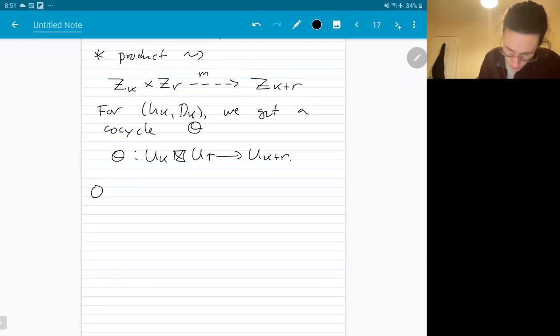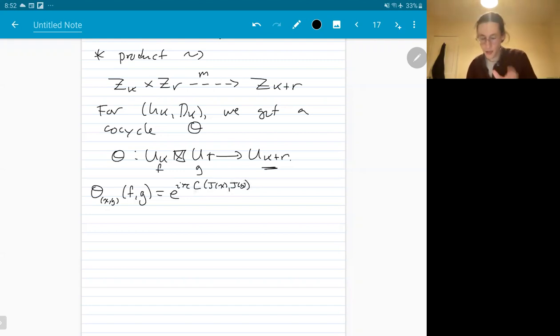Let me just give the formula. It might not completely make sense, but if I have some elements f and g in here, and I want to get an element in here, the way you're supposed to multiply them is according to this formula. You first use the moment map applied to the two base points x and y, and you plug them into the R matrix, and that gives you a complex number, which you can exponentiate.